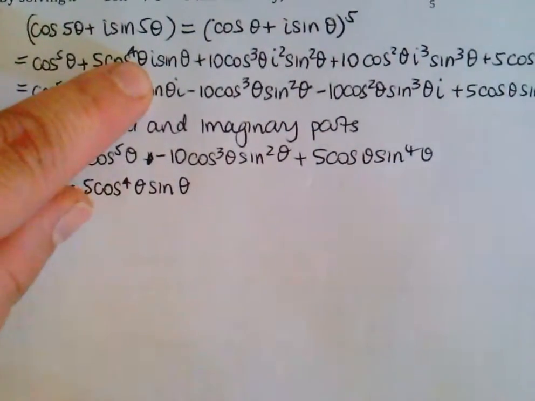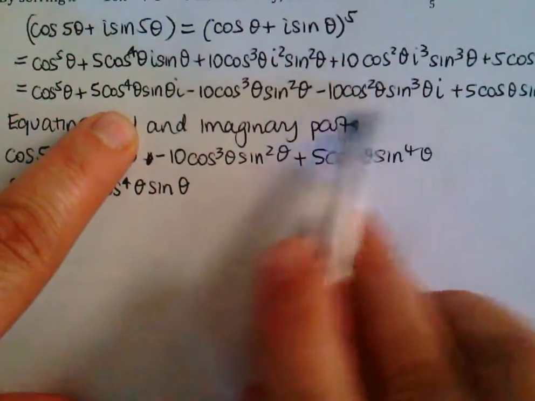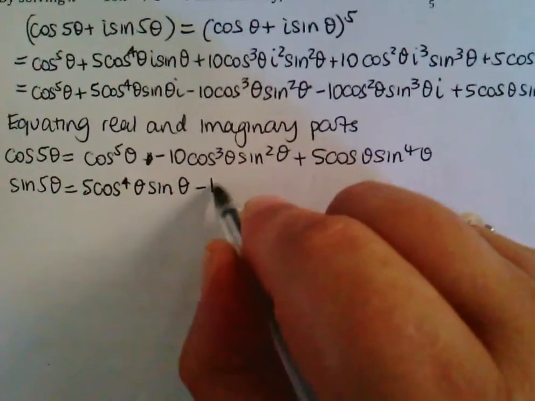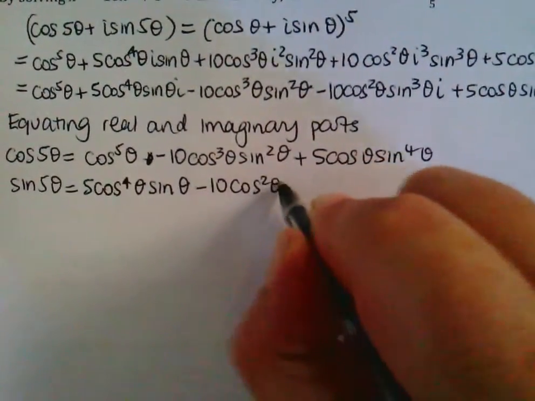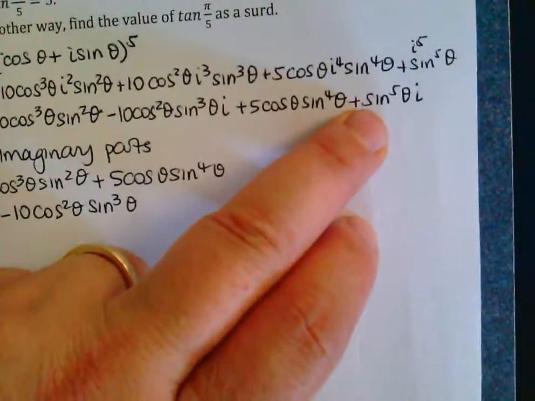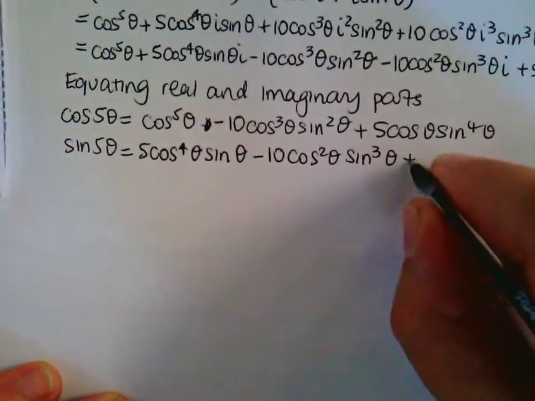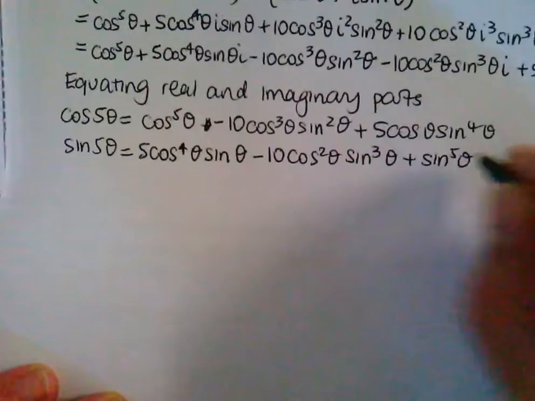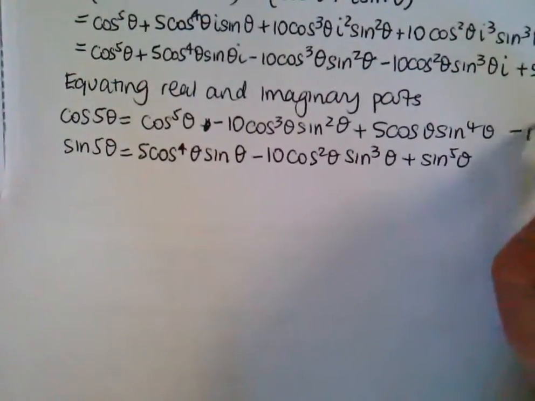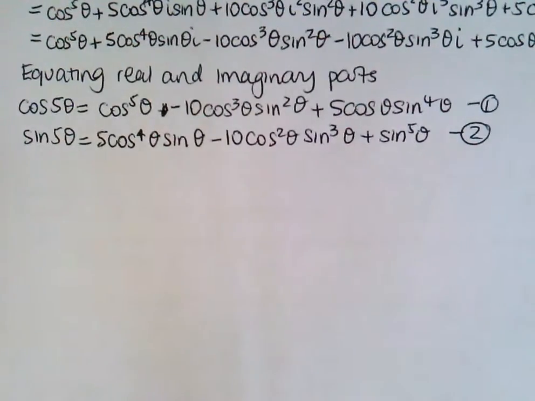That's that first one from here. Then we'll take this one here, minus 10 cos squared theta sine cubed theta. And the last one is this last term here, plus sine to the power of 5 theta. We call that equation 1, and this equation 2, of course, we've got to do equation 2 divided by equation 1.